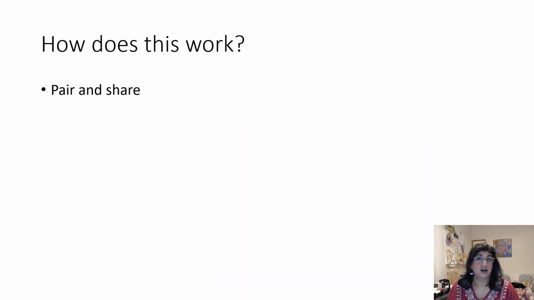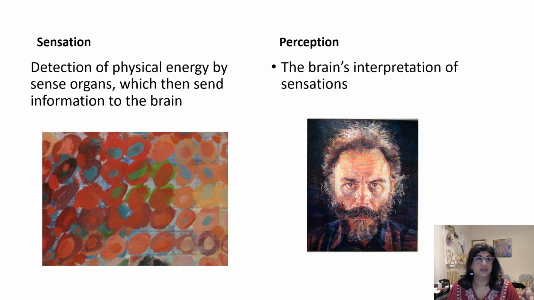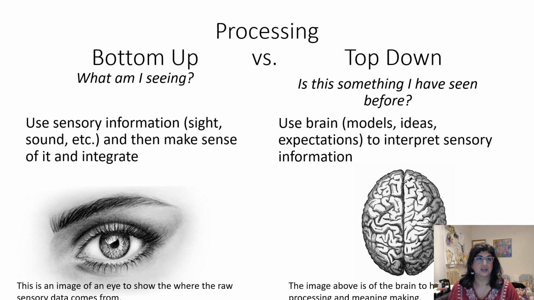And so we'll talk about how this works. What our brain is doing is taking raw sensations, which are physical energy, like seeing these colors, and our brain takes the interpretation of things and makes sense of it. We call this processing bottom up, which is our raw sensory information that we make sense of using higher level thinking to interpret things.